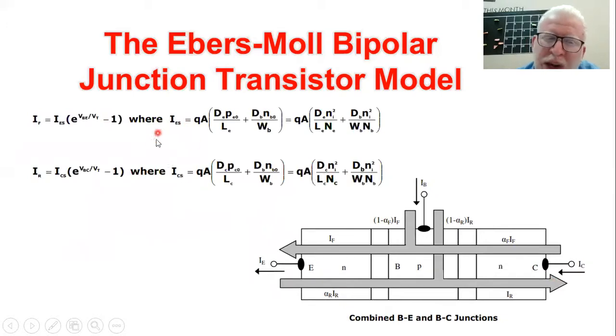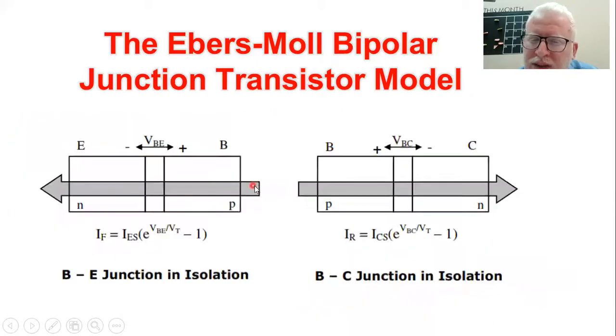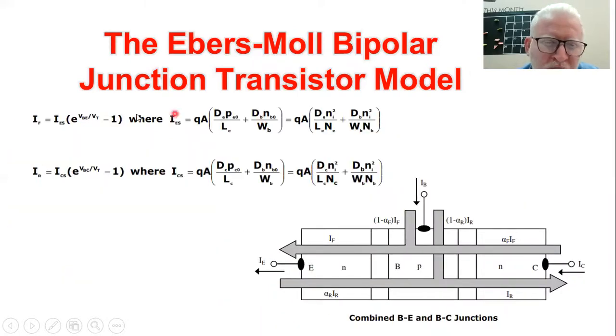Accordingly, we can write these two equations, which of course you are not requested to memorize. However, this is the combination of these two currents, the majority carrier current and the minority carrier current. And these are the two models. It's simply a result of merging these two models together to form this general model for the majority carrier currents and the minority carrier currents.